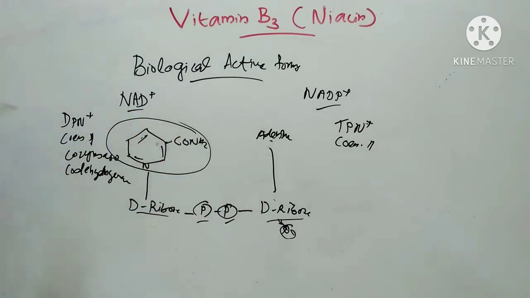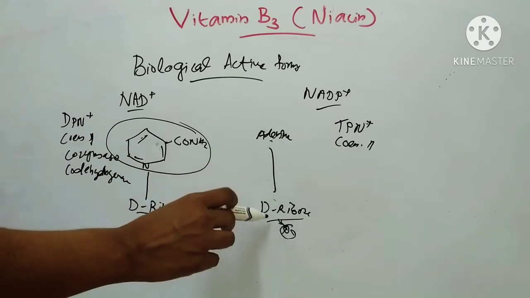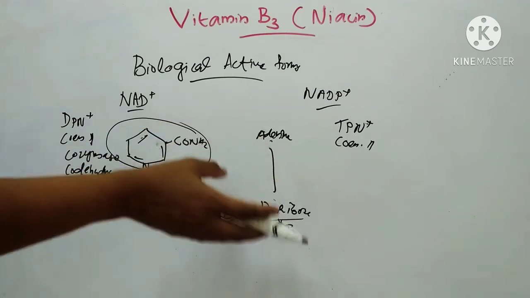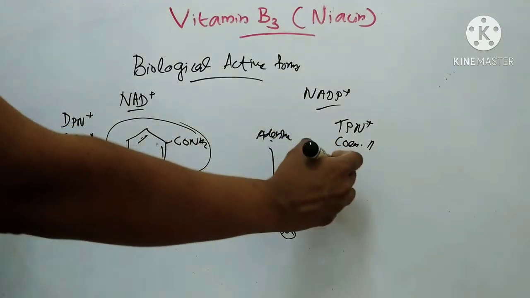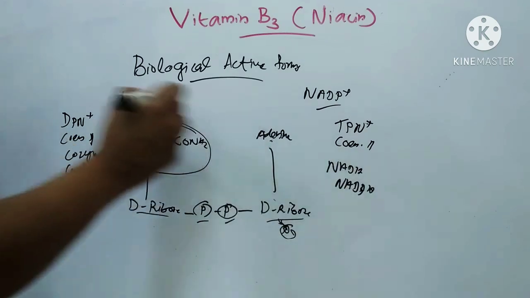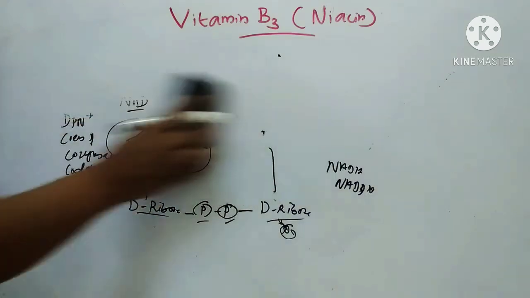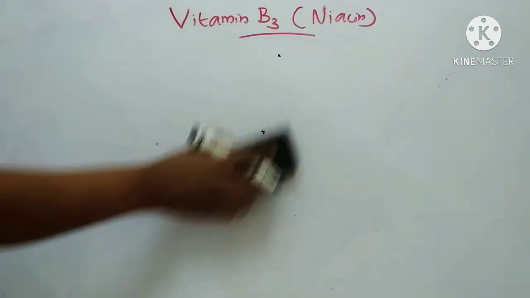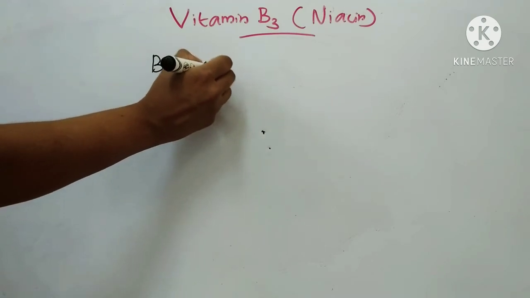The reduced forms of both NAD plus and NADP plus are NADH and NADPH. Next we will see biosynthesis.